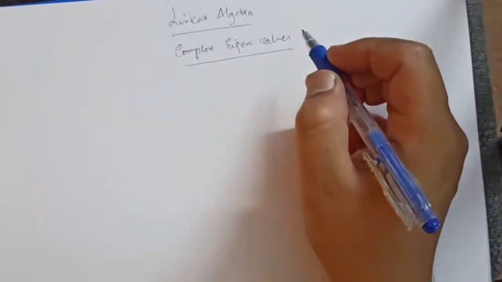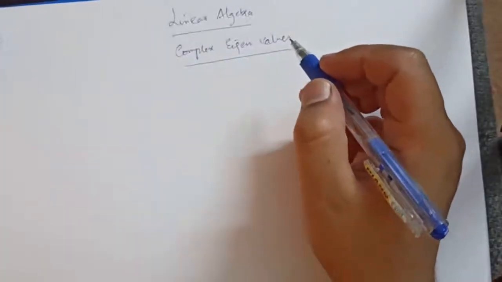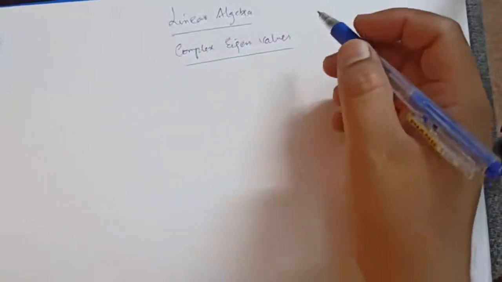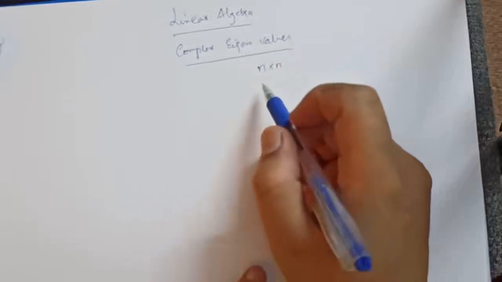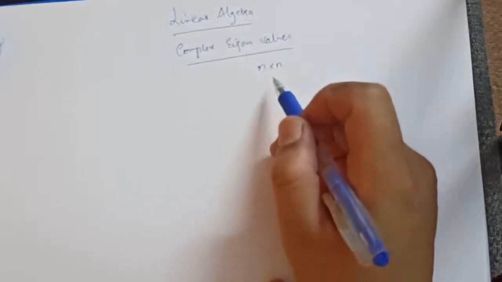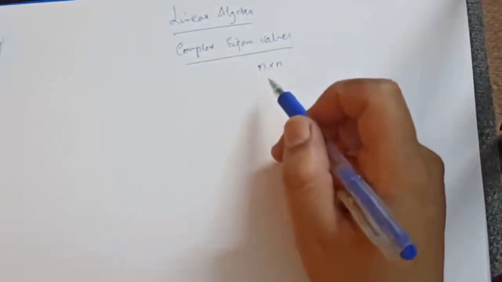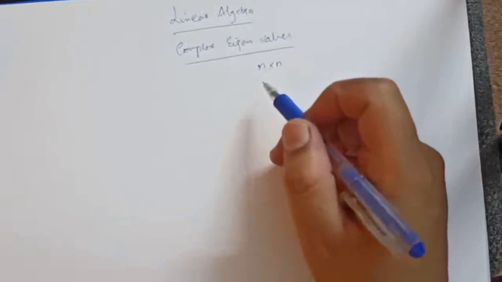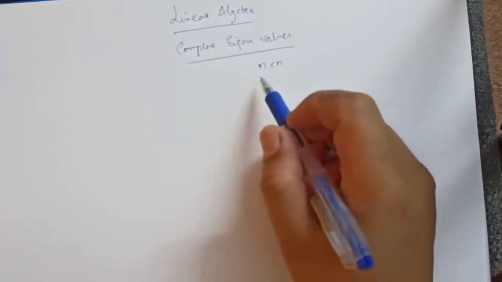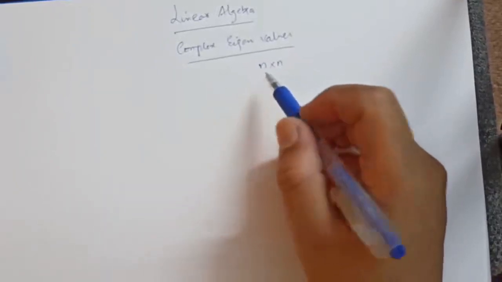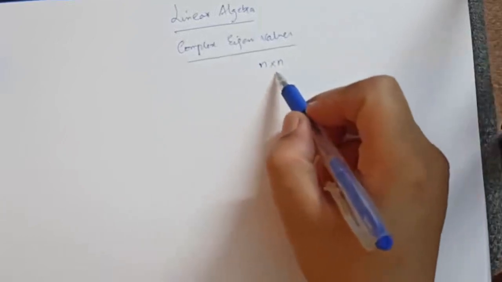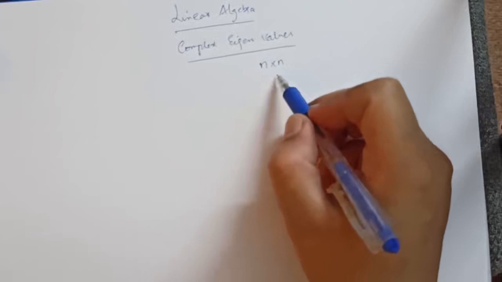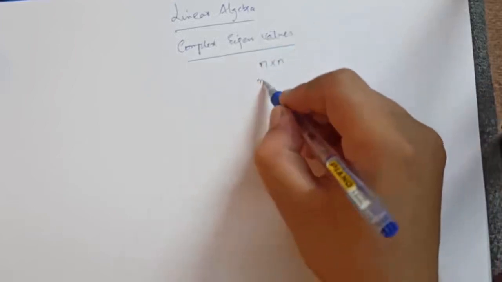So far, we have seen characteristic equations of an n by n matrix that result in real eigenvalues. But there are situations in which the characteristic equation may lead to complex eigenvalues. If we have an n by n matrix, we know that the order of this characteristic equation is n, and it will have n roots.